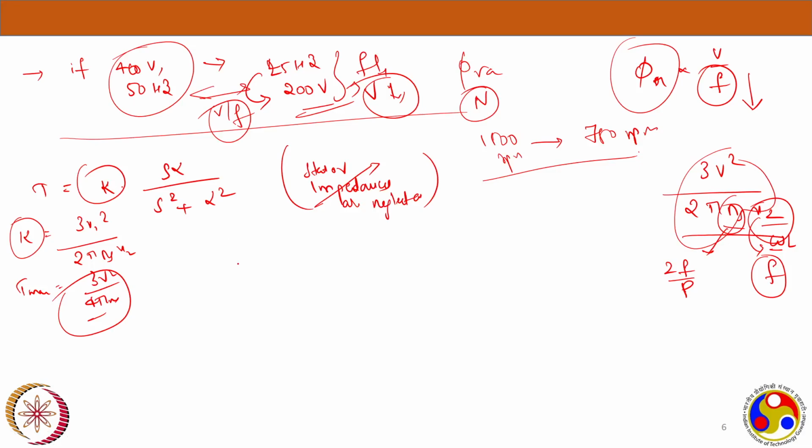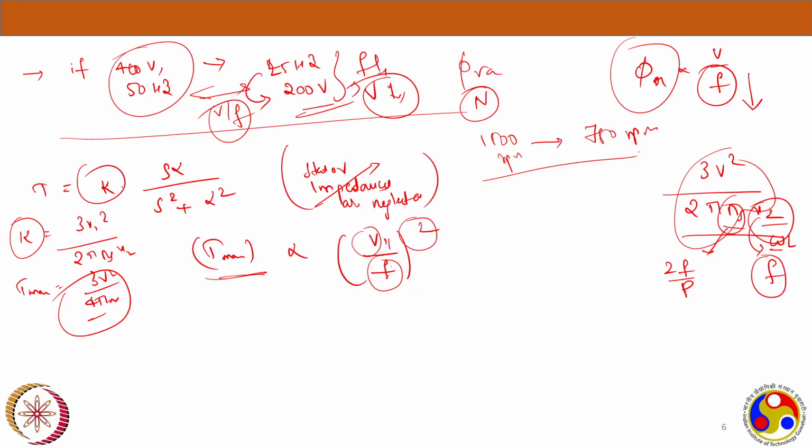Now your maximum torque is proportional to V1 by F whole square. To keep V by F constant, you have to vary the voltage and also vary the frequency. If you reduce the frequency and maintain V by F constant, T max remains constant, right?